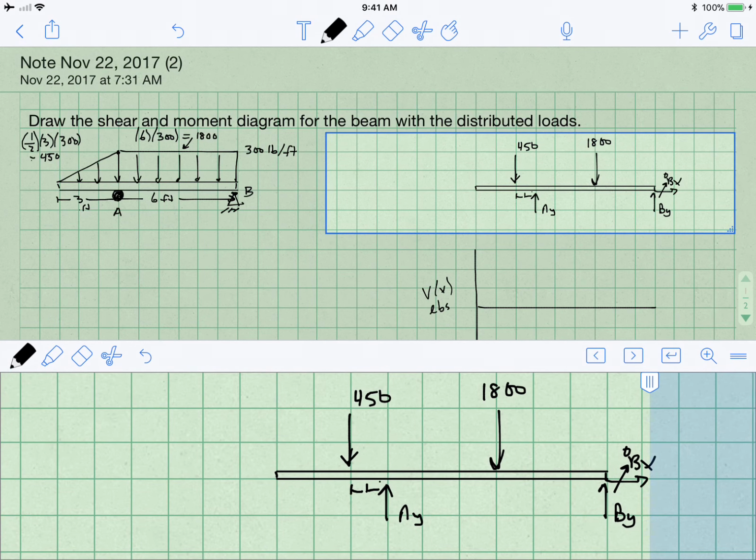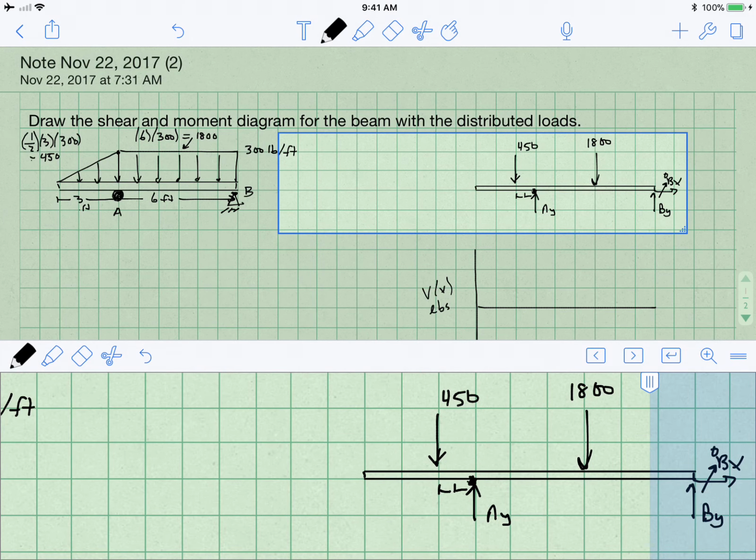Now we're going to apply the equations of equilibrium to the beam. I suggest we take the moments at A, because it will eliminate the one unknown, Ay. So let's sum the moments at A, set them equal to 0. We get the 450-pound load causing a positive moment, so we write 450 times 1 foot.